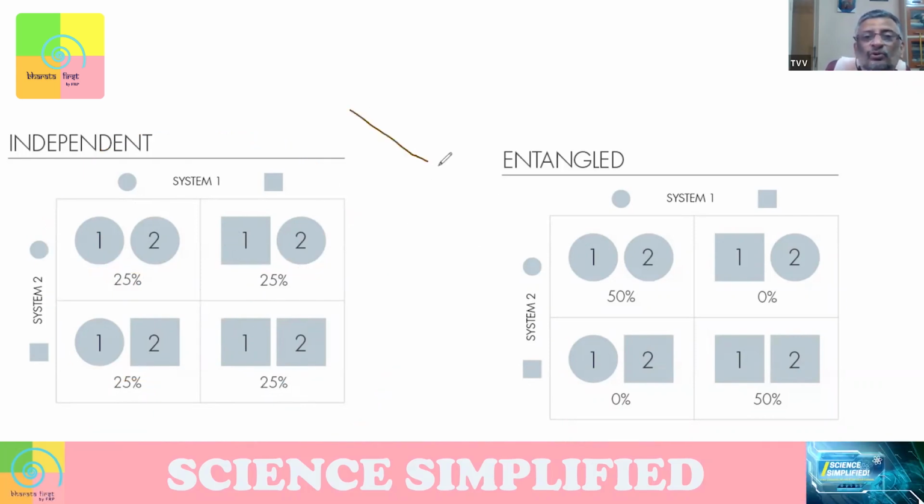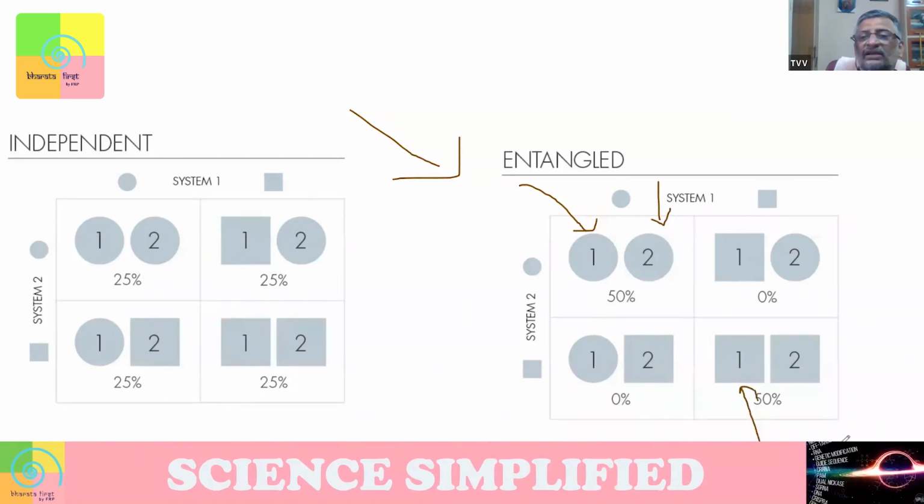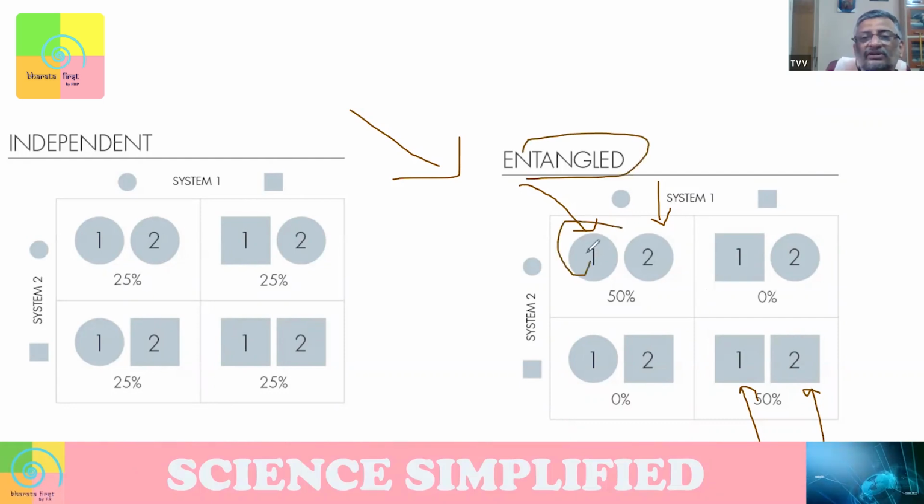But suppose there is a rule which says that if the first one is a circle, the second one should be a circle, and if the first one is a square, the second one should be a square. Then we have something called entanglement. What happens in the first decides what the second should be.